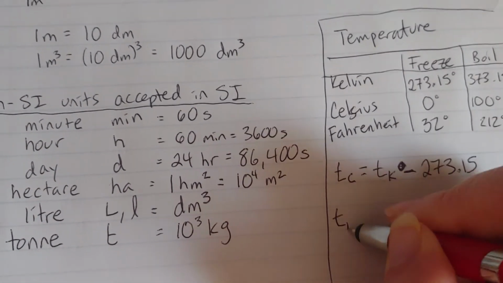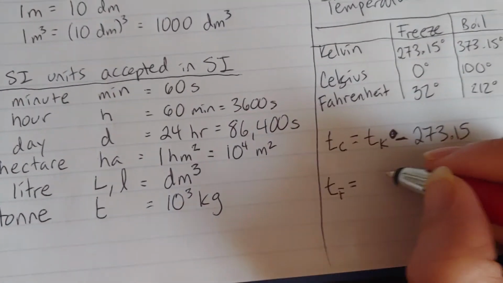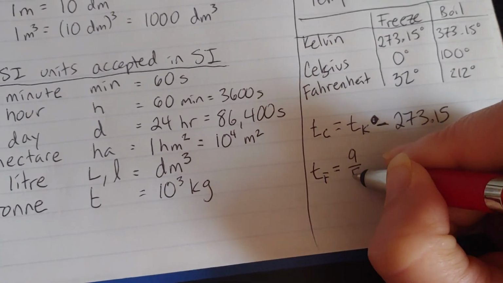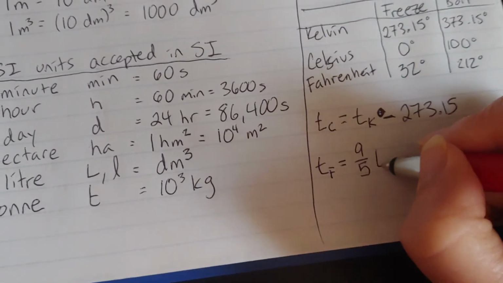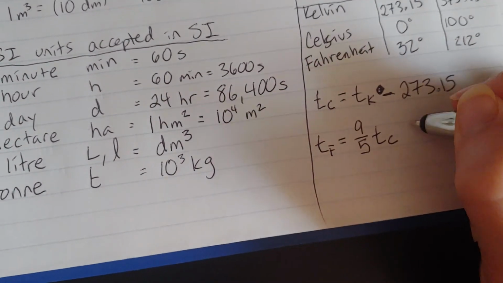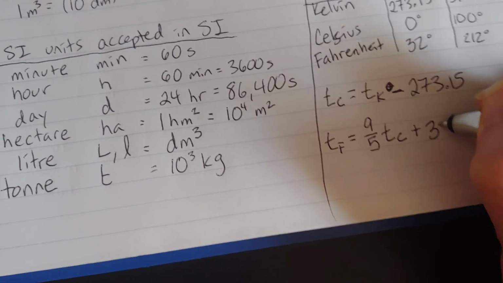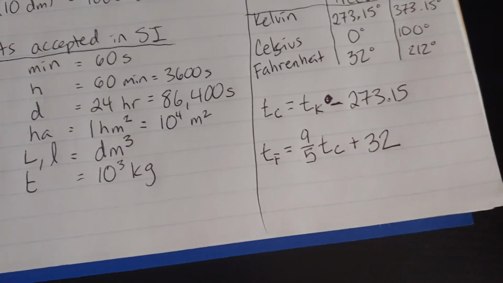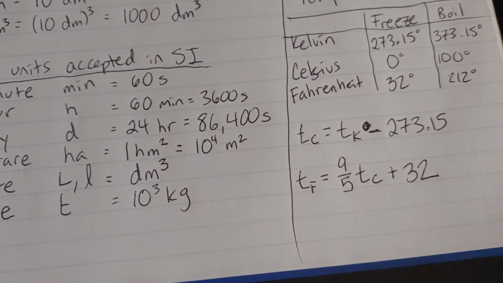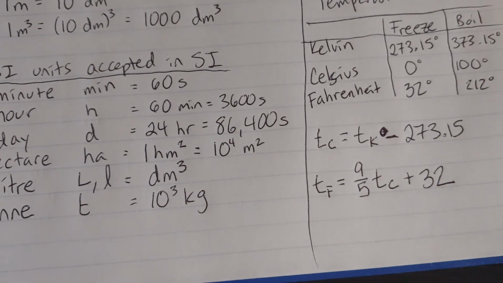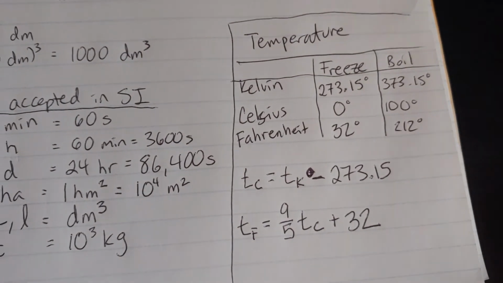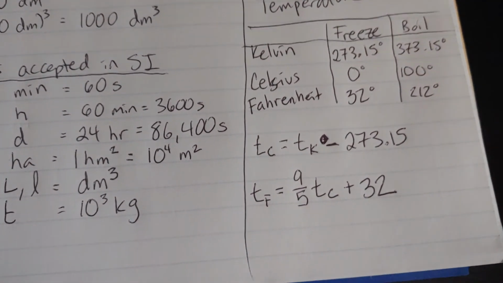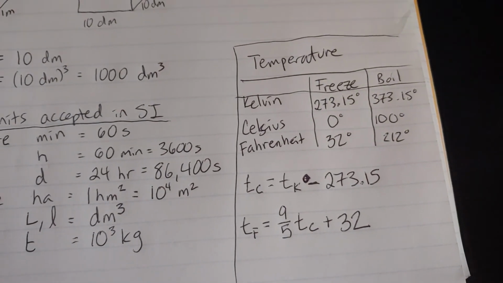The temperature in Fahrenheit can then be found by taking 9/5 of the temperature in Celsius and then adding 32. And these can be used to convert back and forth between the different types of temperature measurement. Now it's time for some practice.